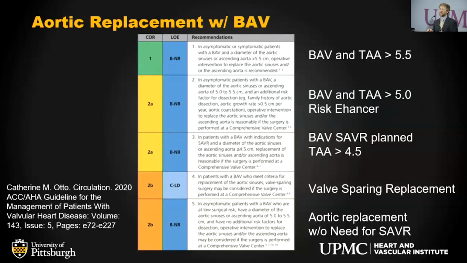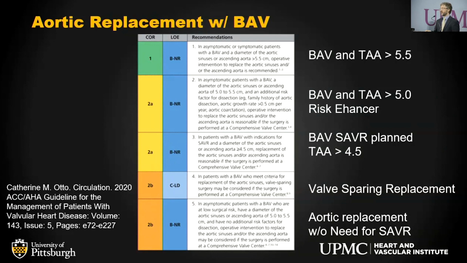Lastly, in patients with bicuspid aortic valve, if there is an associated thoracic aortic aneurysm over 5.5 and the patient is asymptomatic or symptomatic, it's appropriate to replace the aorta. If there is a smaller aortic aneurysm of only 5 centimeters, but this bicuspid aortic valve, because of that abnormal flow dynamics, if there is a risk enhancer, for example, a family member with an aortic dissection, then often an earlier aortic replacement is recommended.